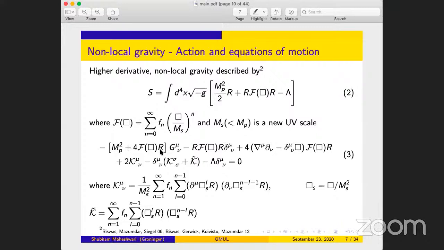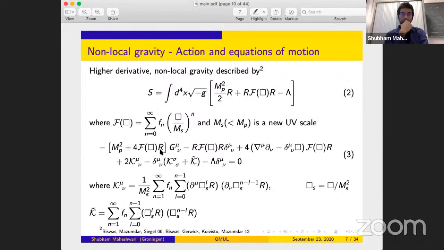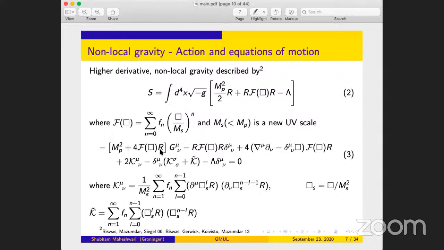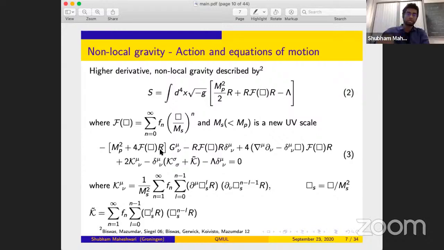For example, the Maggiore group has done a lot of work on non-local gravity models, and they always have inverse box acting on some objects. And perhaps sloppily, I had assumed that was an intrinsic part of what it takes to be a non-local model. But looking at your expressions, that doesn't seem to be the case. So what is it that makes this non-local?